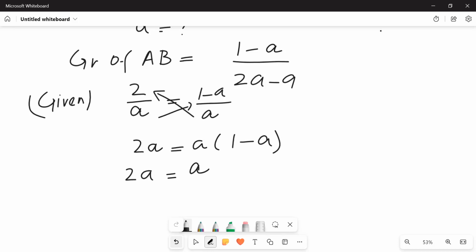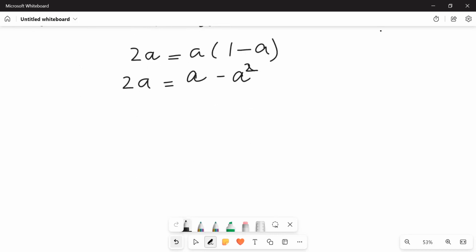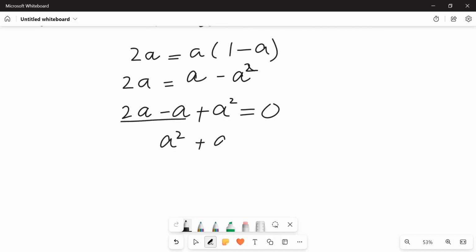Now we will multiply a inside the bracket, so it will be a square. Now it is 2a minus a plus a square is equal to 0. We will arrange it: a square plus a.